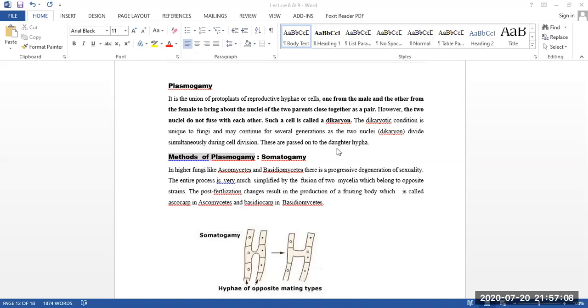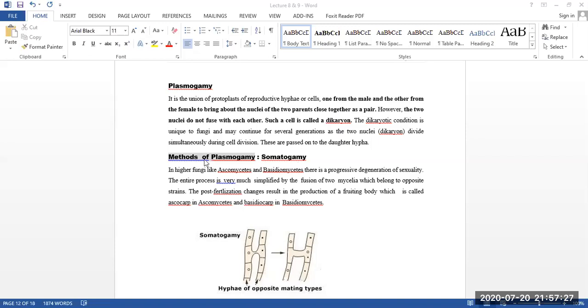That is the plasmogamy process. Two parent cells come together and their nuclei can either fuse or not fuse. Whenever the nuclei do not fuse, it is called a dikaryon.